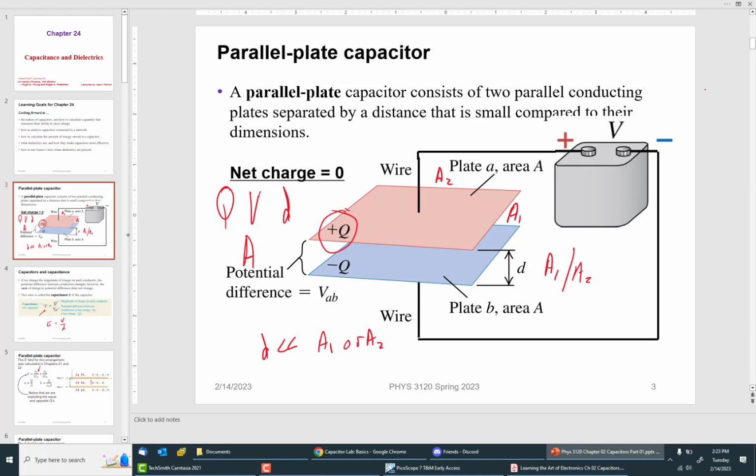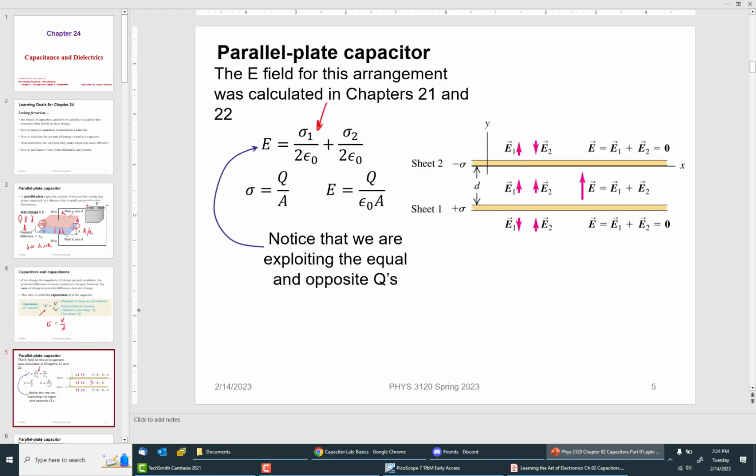What that means is that, remember we said there's an electric field in here, so by stipulating that the separation is small compared to the dimensions of the area, we can neglect the fringing effects. Because at the edges, the electric field is going to bend out, but with this condition we can basically ignore that.